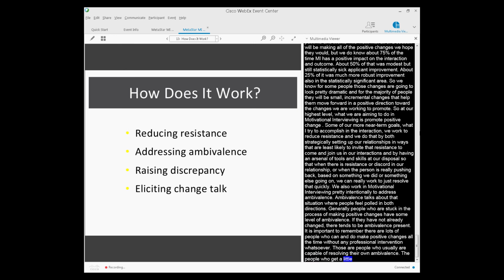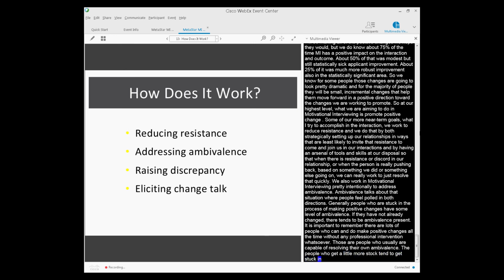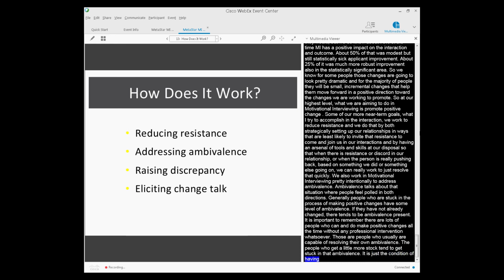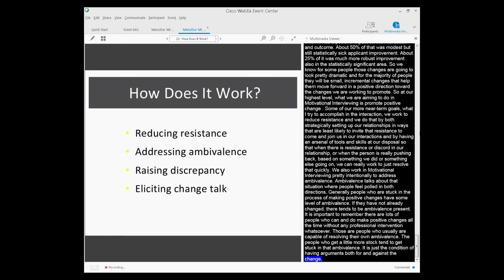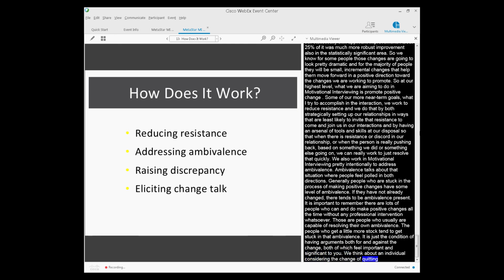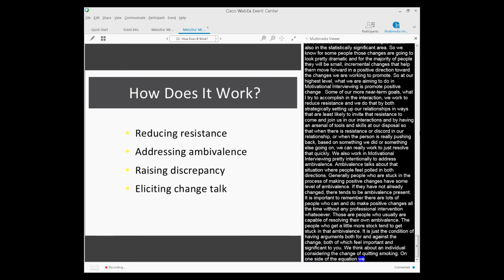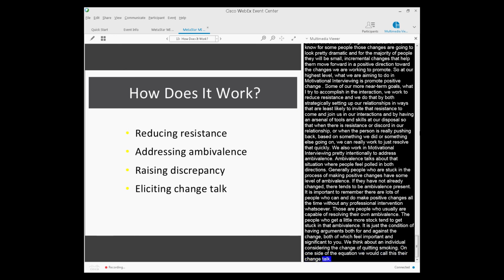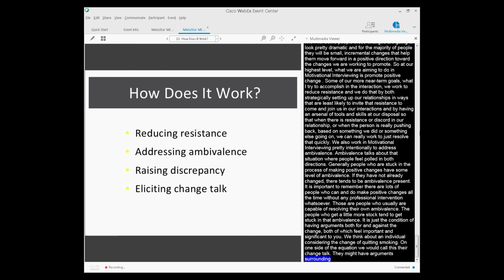So ambivalence is just the condition of having arguments both for and against the change, both of which feel important and significant to you. So we think about an individual considering quitting smoking. On one side of the equation, we would call this their change talk. They might have arguments surrounding better health. They likely are pretty aware of some of the negative impacts on their health. They might be feeling it.